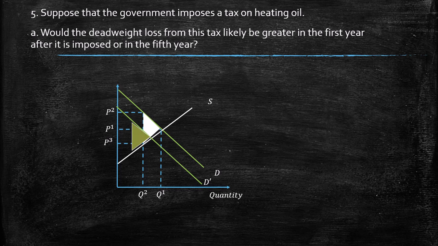At this part, remember that the tax is going to be the same. So I have to move this part, which is this size and is going to keep this value, to this new curve. So the base of the new deadweight loss is going to be put here. What is interesting here?